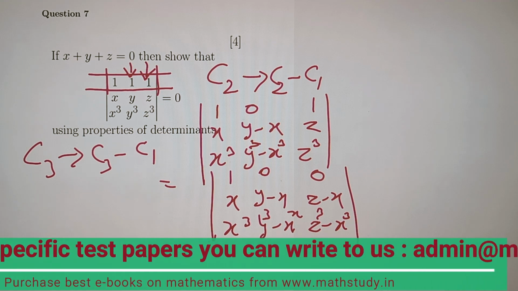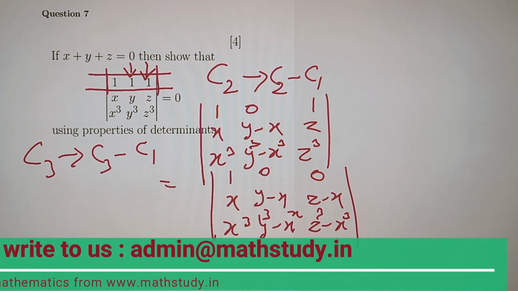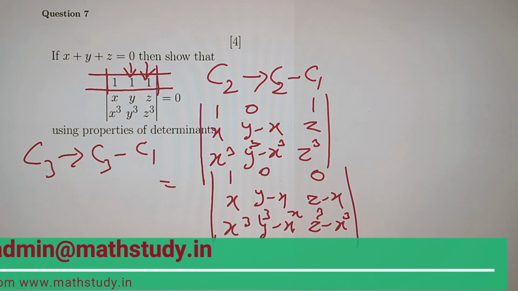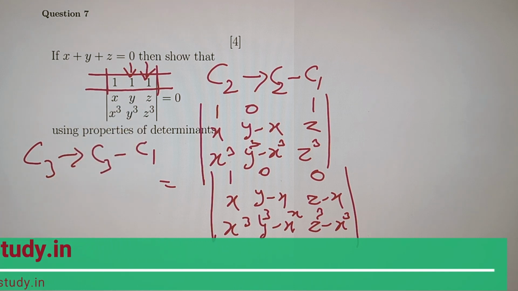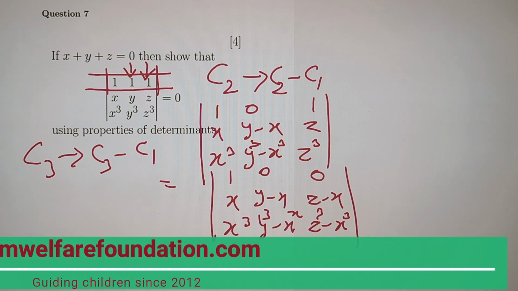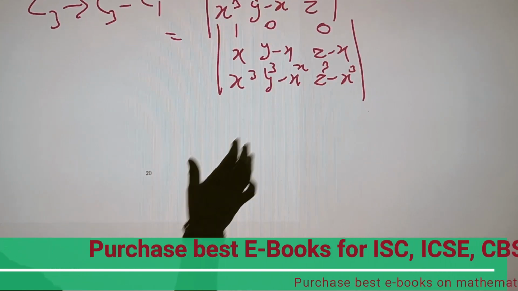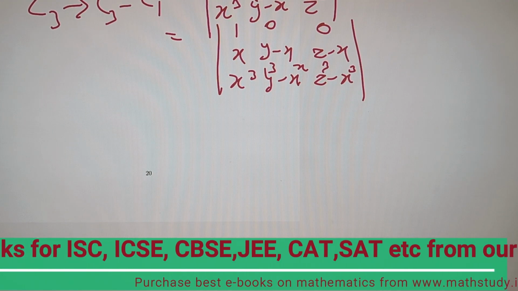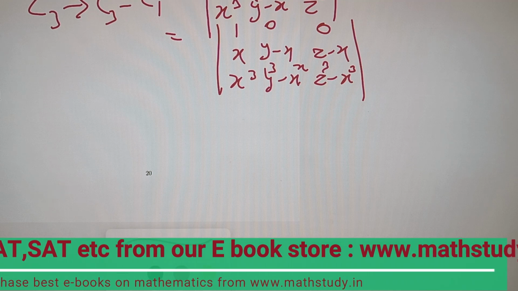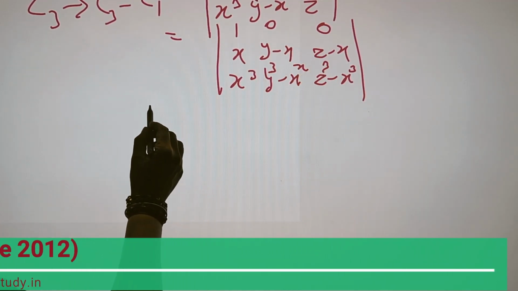This is the easier method to solve such a determinant when one row is 1 1 1. We need to target that particular row and make any two elements equal to 0. Very simple. Now let's move forward. What we have to do is take out, or factorize, the second column and the third column here.